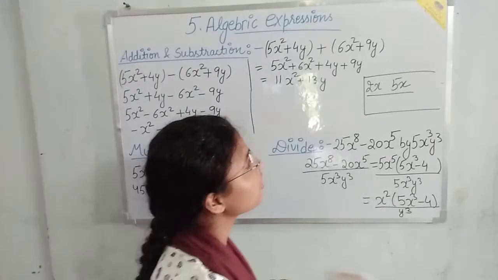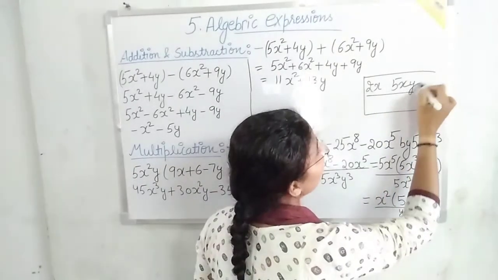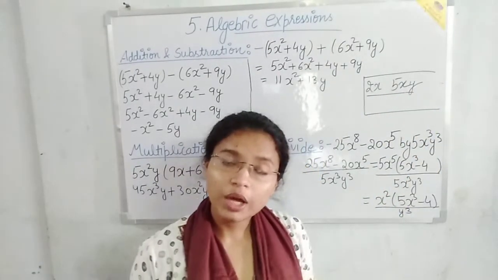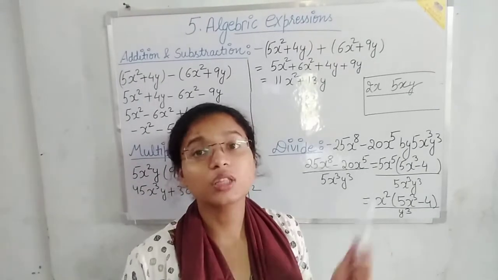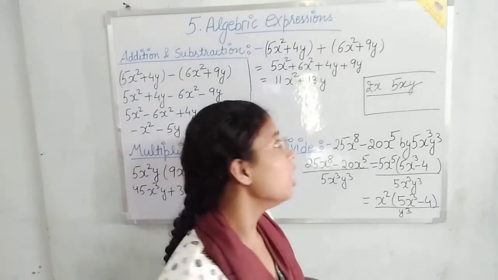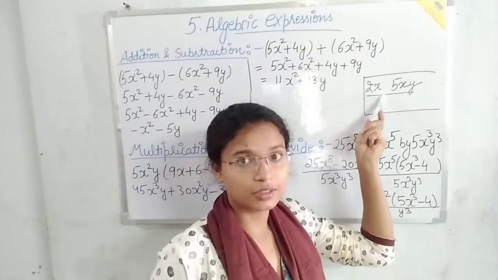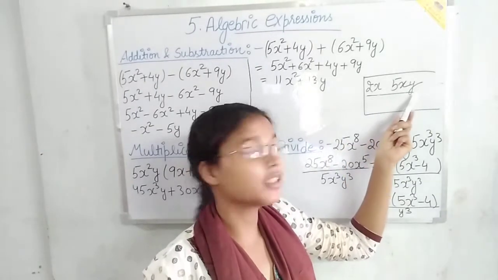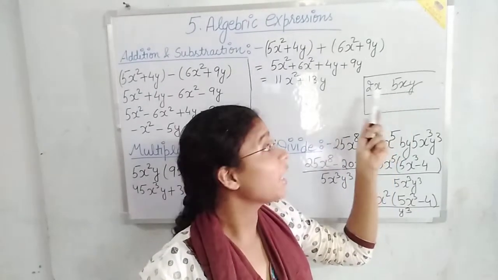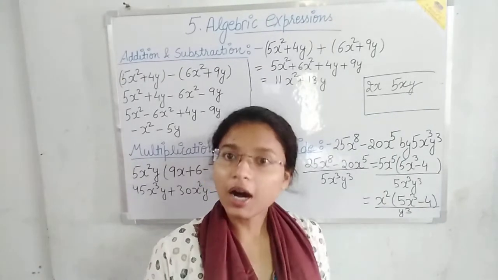Suppose here I write 5xy. Now 2x and 5xy both are not like terms, both are the unlike terms. Why? Because here it is x as a variable and here it is xy, that means both are the unlike terms.